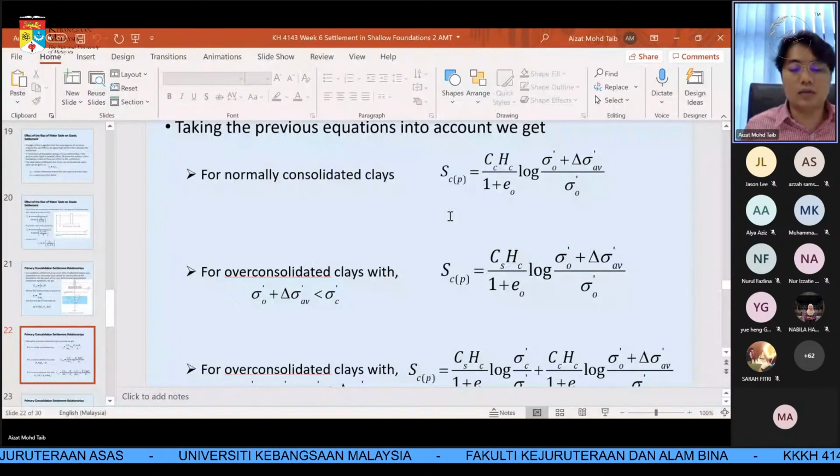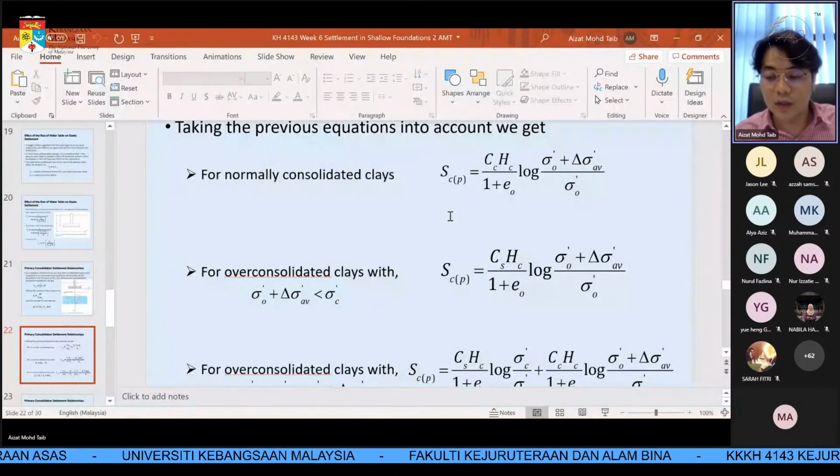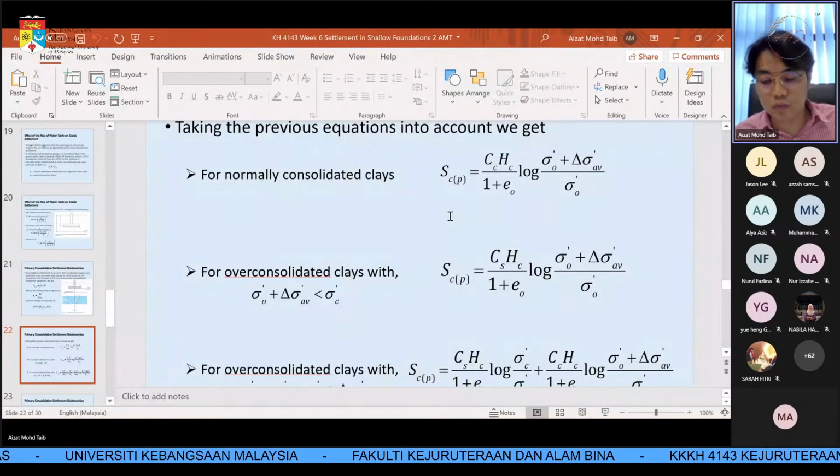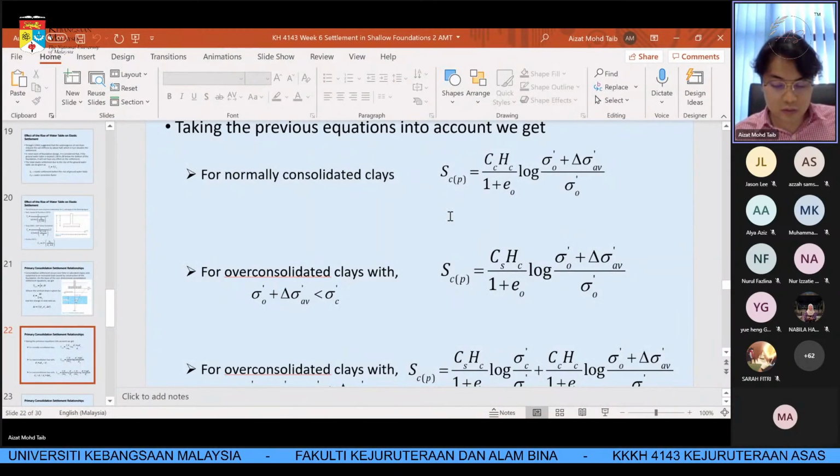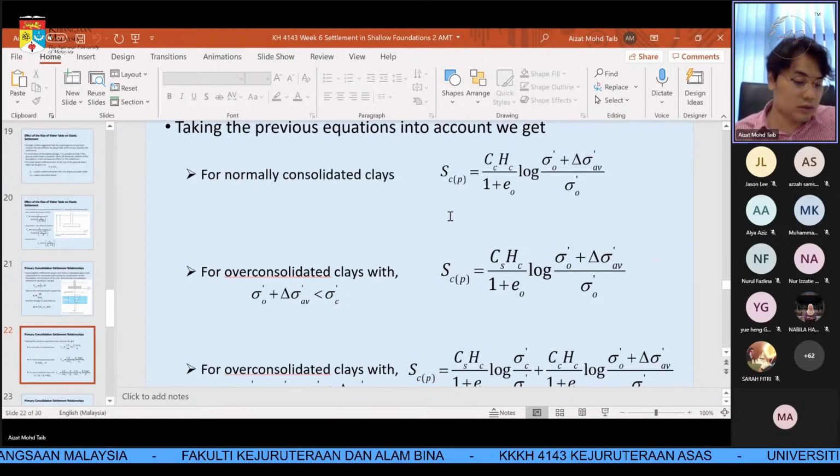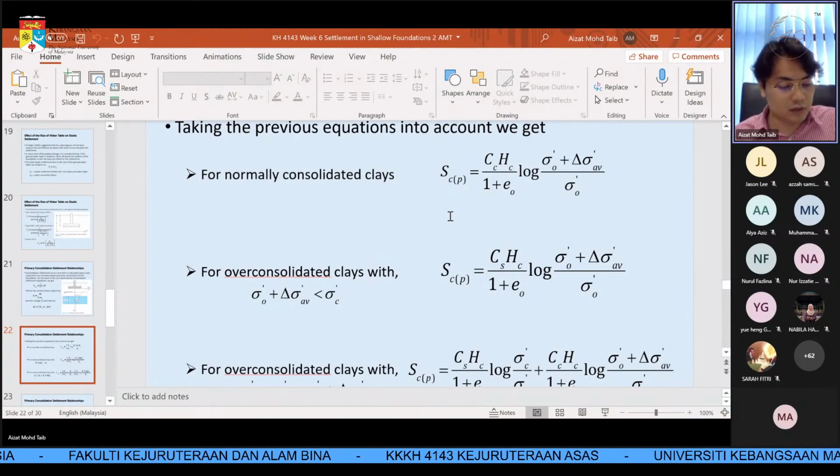Okay, so dia ada recap juga dalam buku Das ni. Okay, untuk chapter 2, consolidation chapter 2 ni semua ni lah soil properties. Okay, ada test, okay, awak pun dah buat dulu soil properties semua, including apa namanya, consolidation. Okay, alright, sekejap.